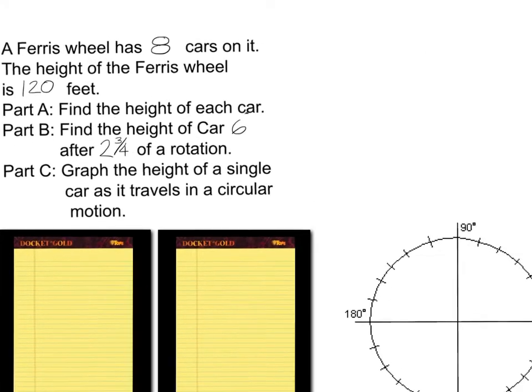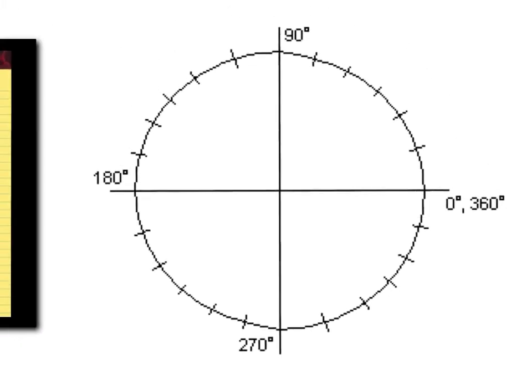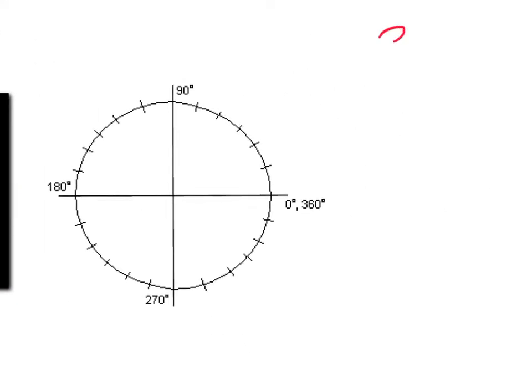Alright, here is a circle graph. And we know we have 8 cars. If we have 8 cars on this Ferris wheel, then we have to figure out how to divide these up. So we'll come out here and do 360 divided by 8.